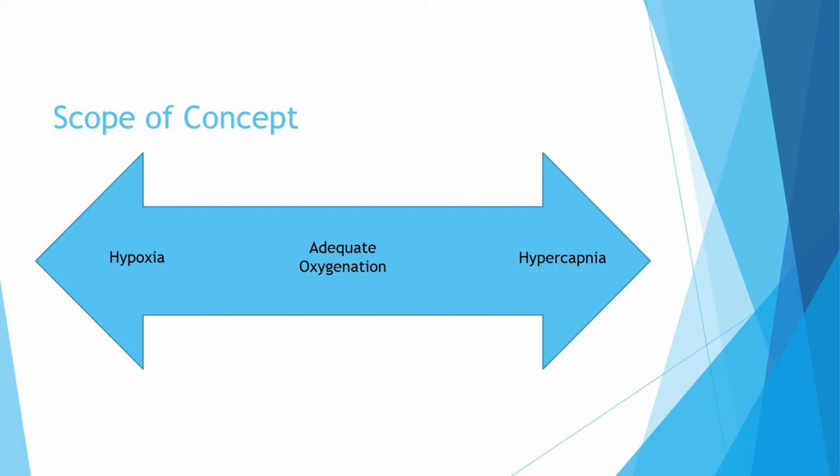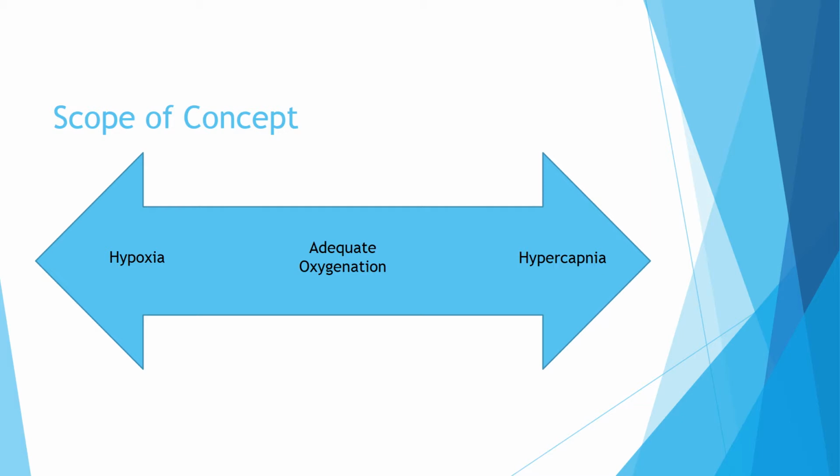Adequate oxygenation is adequate ventilation, respiration, and perfusion. That is your normal ability to perfuse your oxygenated blood that your lungs have taken in and exchanged, and you can perfuse your body and keep up with the metabolic demands.